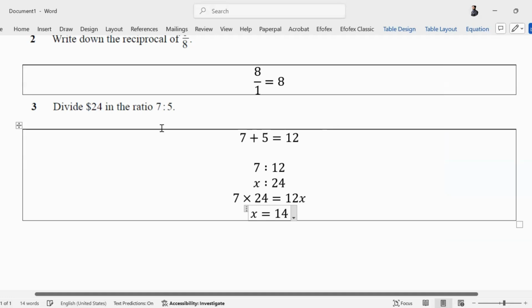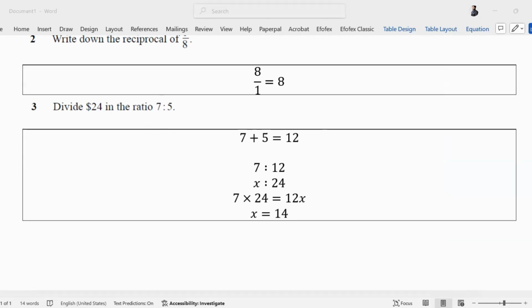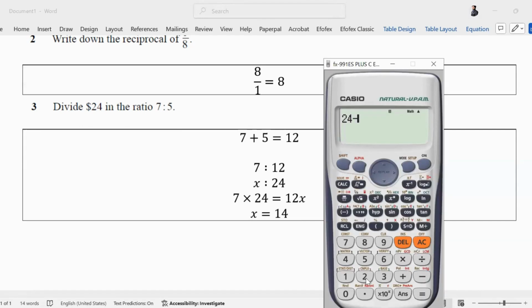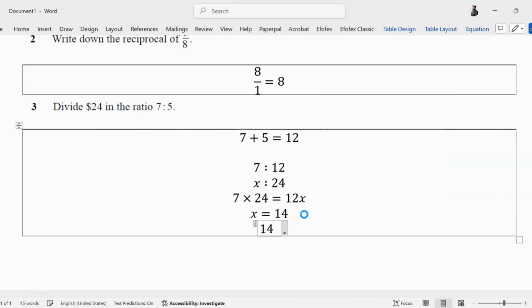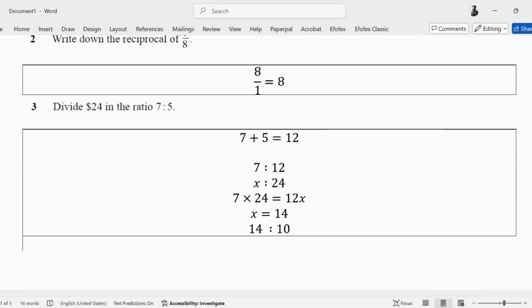So out of the 24, if the first part gets 14, what will the other part get? Just to be sure, 24 minus 14, which is 10. So it will be divided as 14 is to 10. This is how 24 will divide in the ratio 7 is to 5.